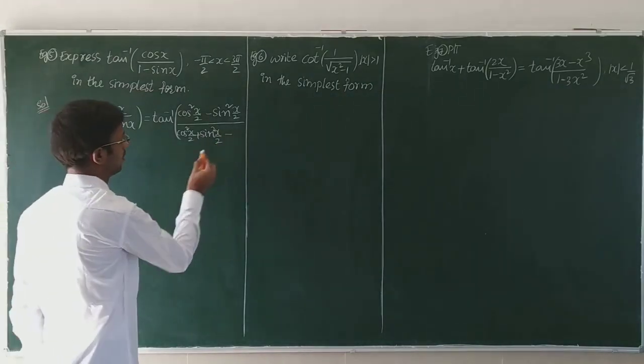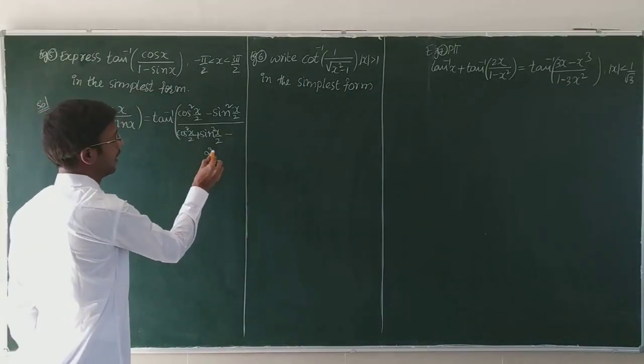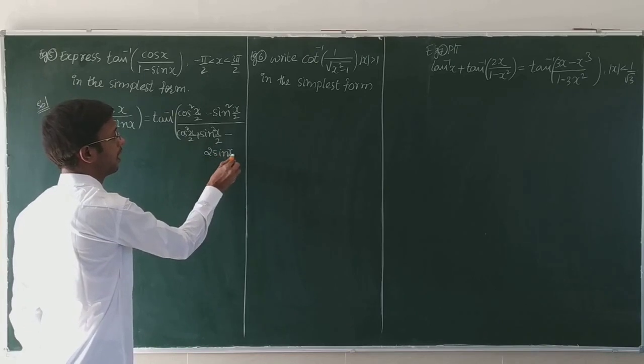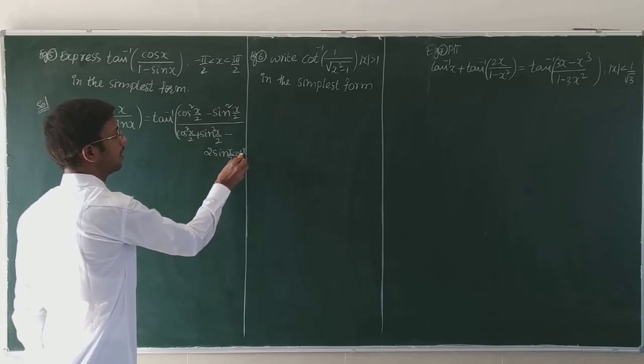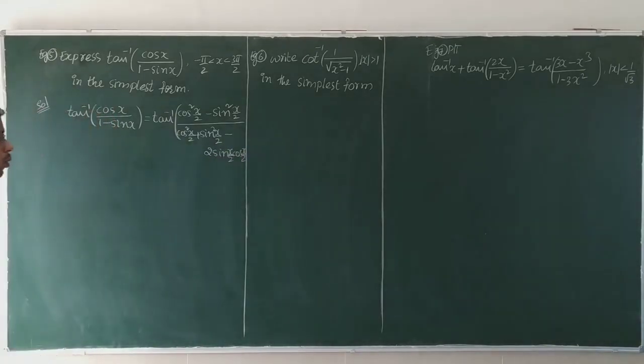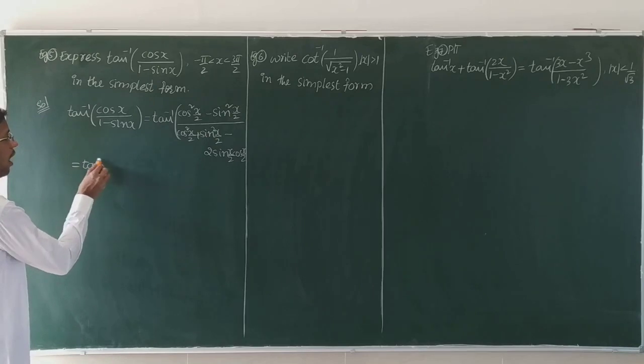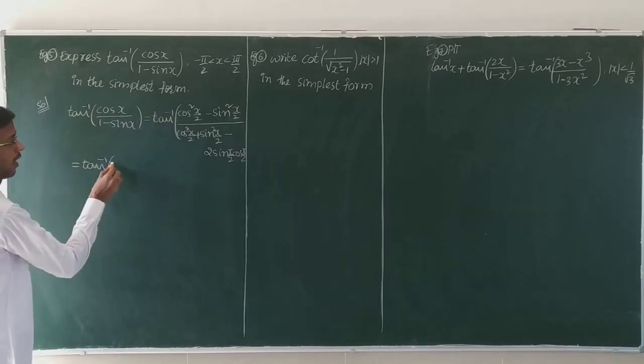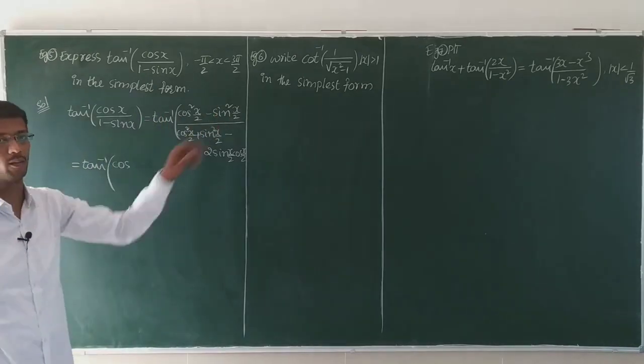Next, minus sin x is there. Sin x is nothing but 2 sin x by 2 cos x by 2. Tan inverse of, a square minus b square formula.